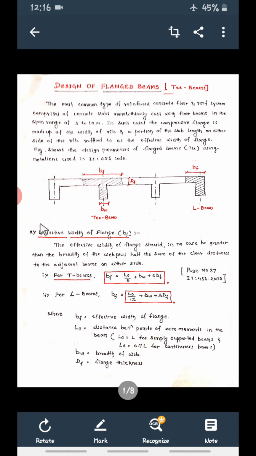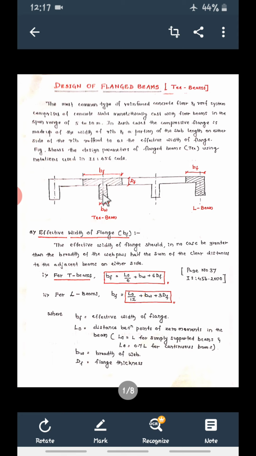Next, what is the effective width of flange? How much of this BF do we have to take? In the problem they will not give this, so we have to calculate it. In the beginning you have to assume it. The effective width of flange should in no case be greater than the breadth of web plus half the sum of the clear distances to the adjacent beam on either side. Now see in the figure, what is the load on this beam?